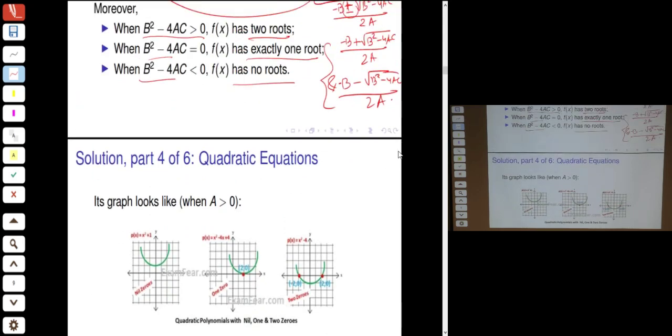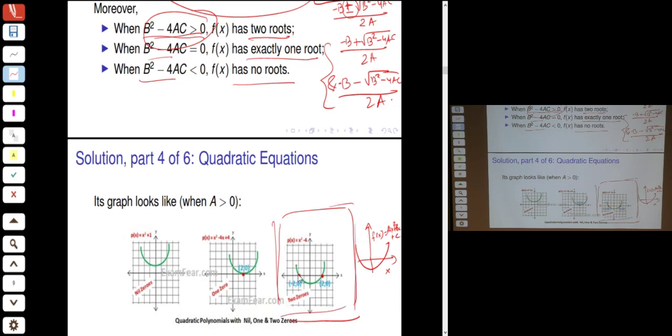So how do we see that in a picture? The right hand side is the case when b squared minus 4ac is positive. You see that this is the graph of f of x equal to ax squared plus bx plus c, and this is x. When b squared minus 4ac is positive, the graph intersects the x axis at 2 points.